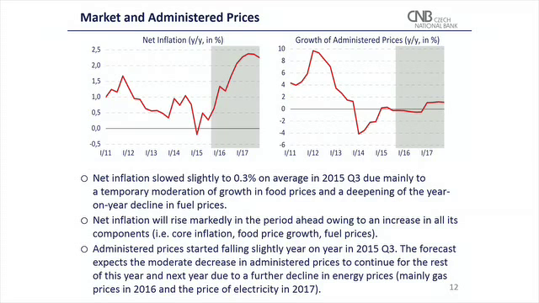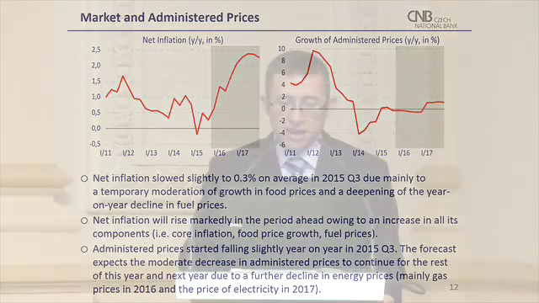But of course, the exact timing and depth of this decline is subject to uncertainty. Then in 2017, we expect administered prices to start growing, but at only a very moderate pace, mainly because we expect a further decline in the electricity price. So this will be lowering the overall growth of administered prices.